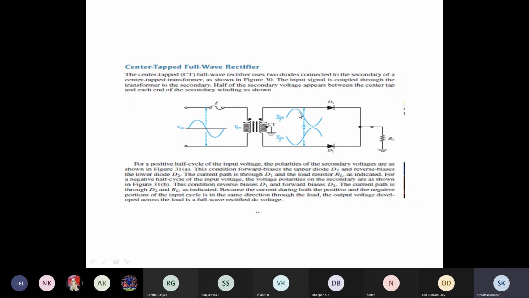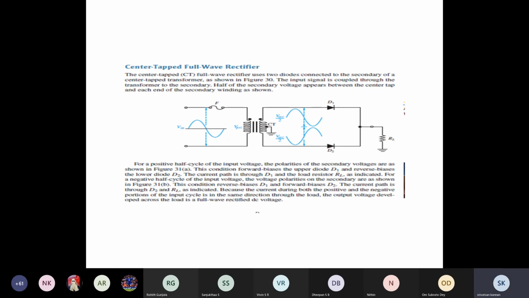So during the positive cycle, diode D1 will conduct, and during the negative cycle, diode D2 will conduct. Using this property of the center tap transformer, we can design a full wave rectifier. Can you design a full wave rectifier now?